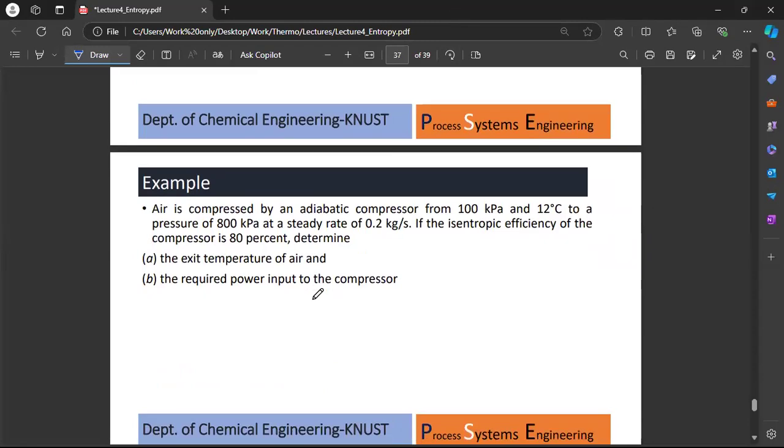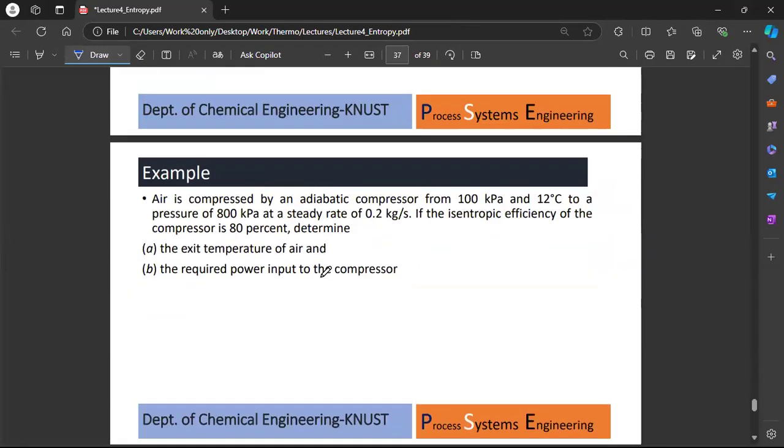Okay, so the last thing we will do is I'll leave this for you to also try out, right? We have here air being compressed.